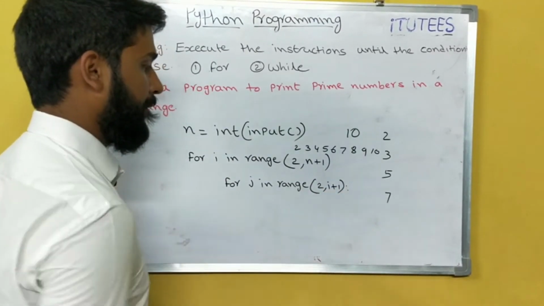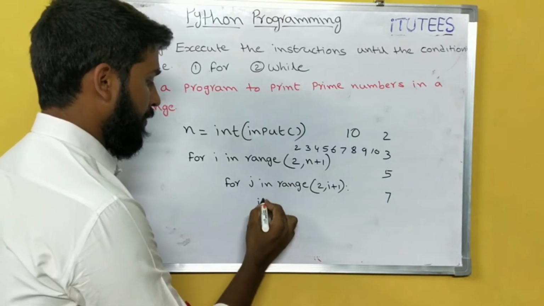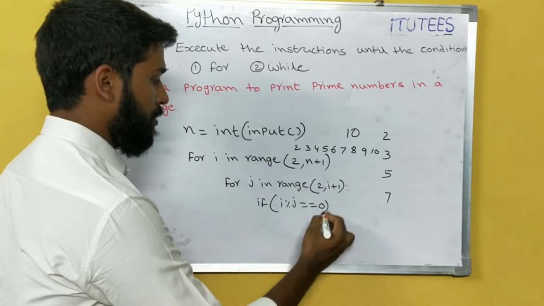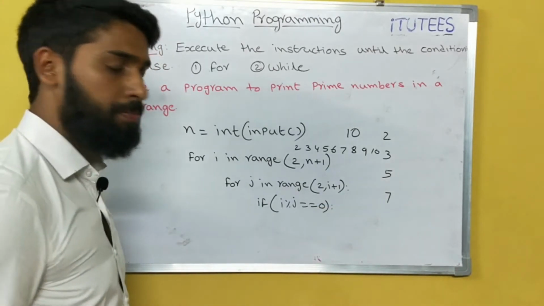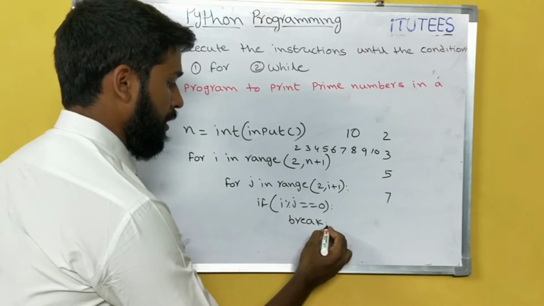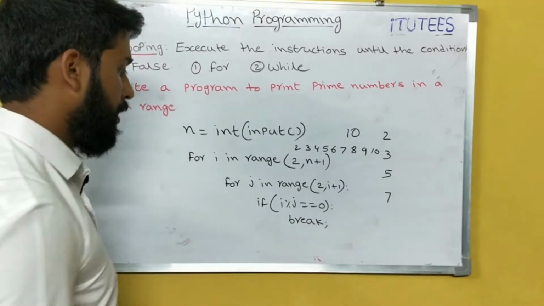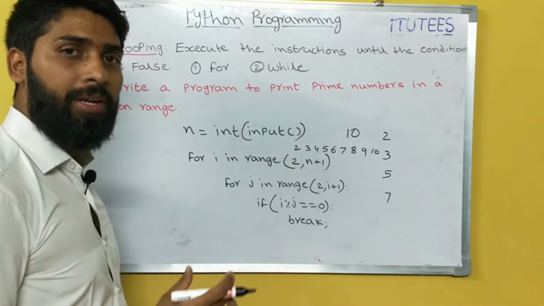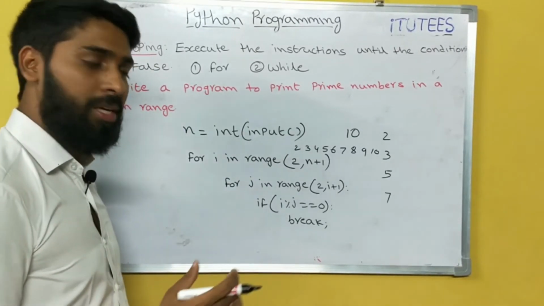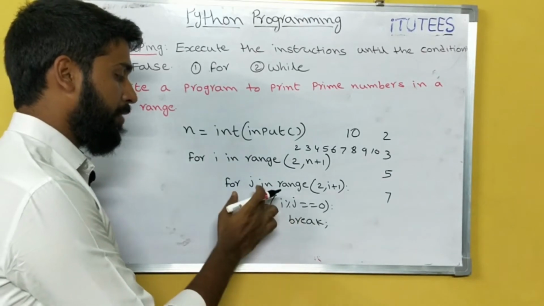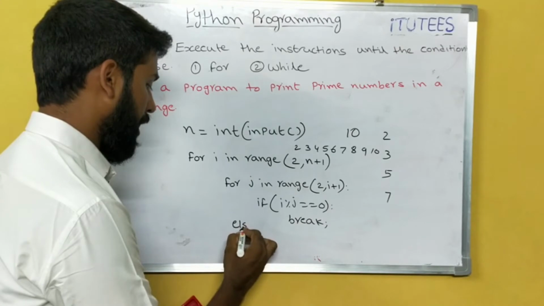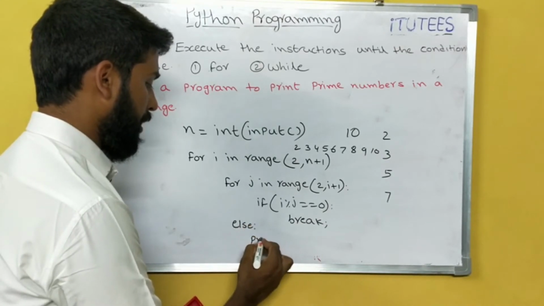If i % j equals 0, simply we can write break. In Python, we can write an else block to the for loop. That means if the break statement in the for loop is not executed, then we execute the else block. Else print i, that's it.